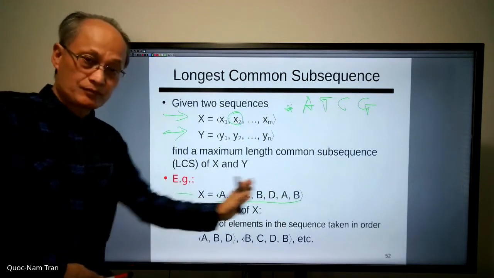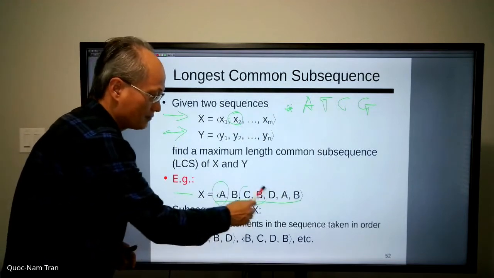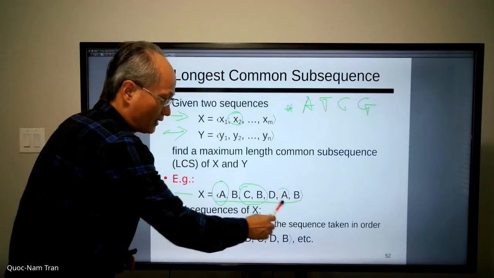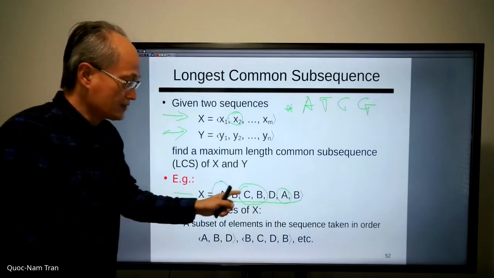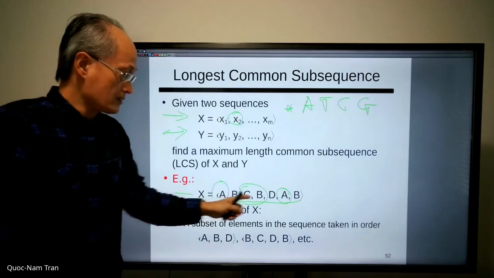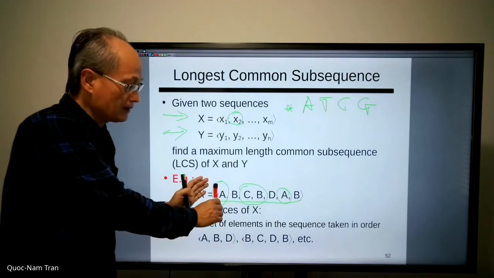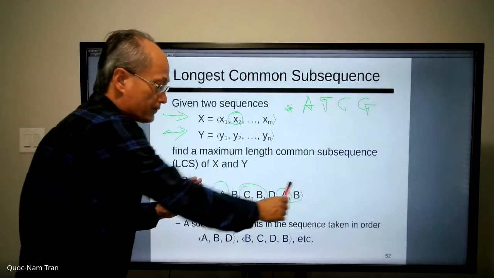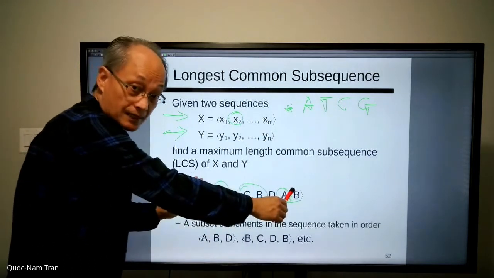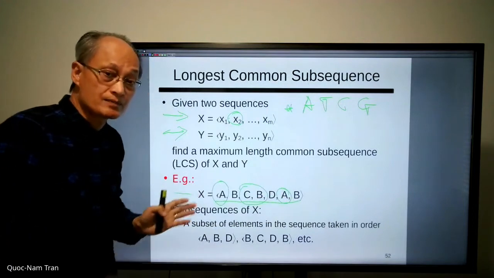You go from left to right, you can pick A, and then C, B, and then A. So A, C, B, A is a subsequence of X. You just have to take the letters from left to right. You can skip some, and you can use some, and it will be a subsequence.